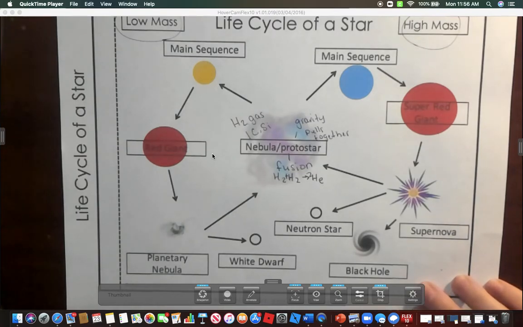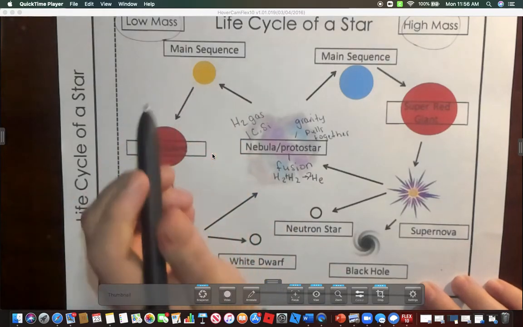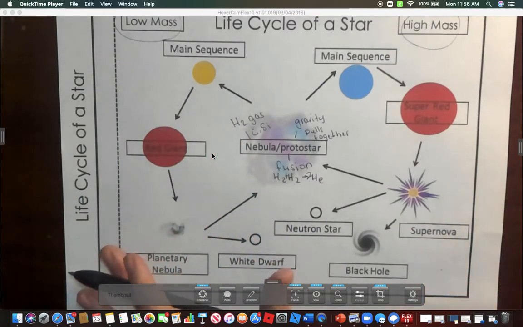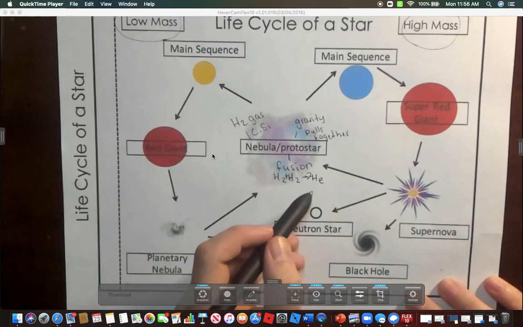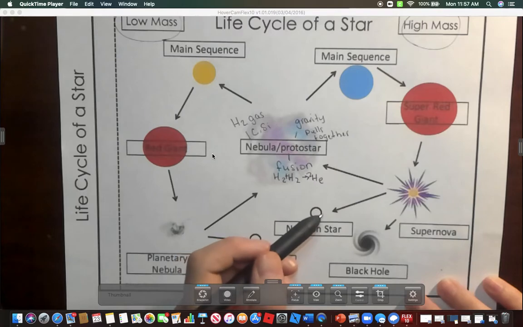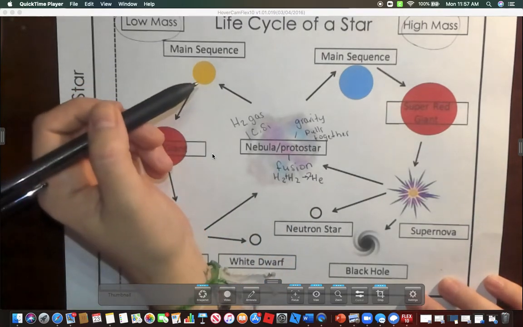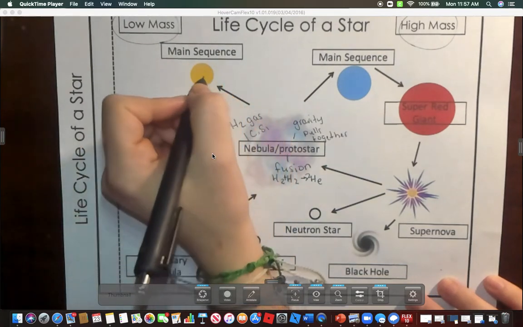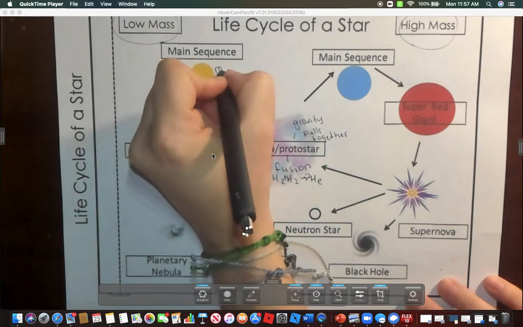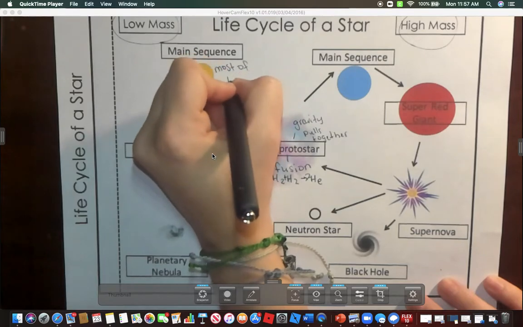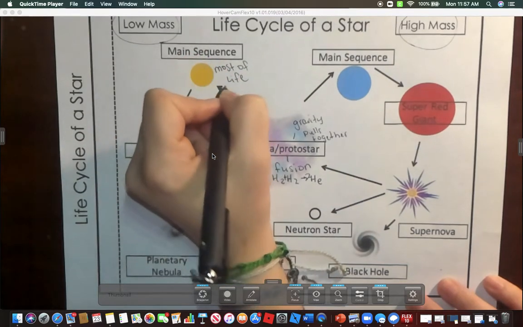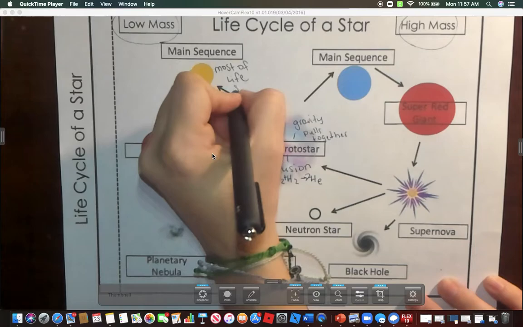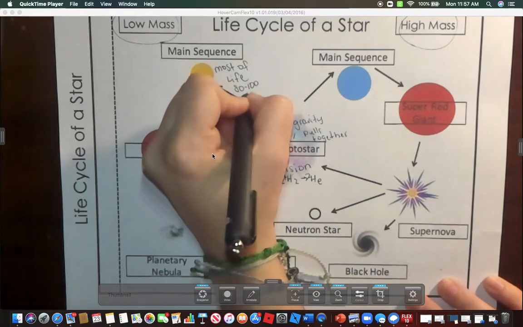When we become a real star, we're going to go up here to this main sequence star. As fusion is happening between the hydrogen atoms fusing into helium gas, we have a main sequence star. A star spends most of its life in this phase. For a low mass star, we're talking 80 to 100 billion years.